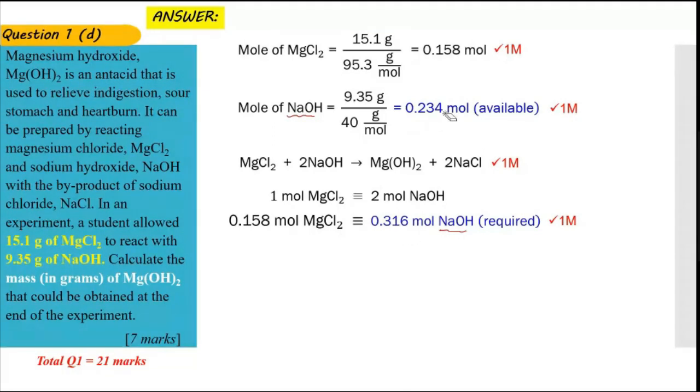What is given is not enough to react. So you write: mole of NaOH available less than required. That means NaOH is the limiting reactant.